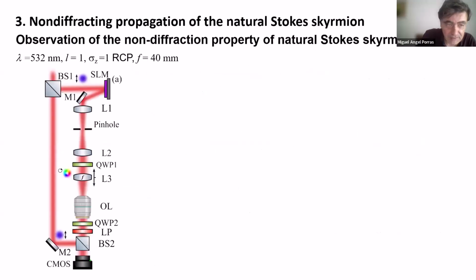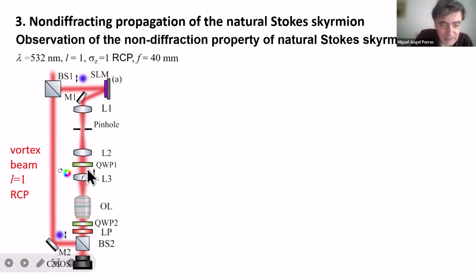And this is the last part, which is the experimental observation of the non-diffraction property of these Stokes skyrmions. It is quite similar, with some differences, to the previous experimental setup. Here we use a spatial light modulator, not the metasurface, and it shapes a vortex of topological charge 1.